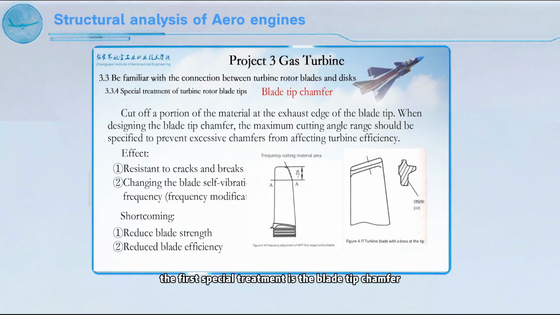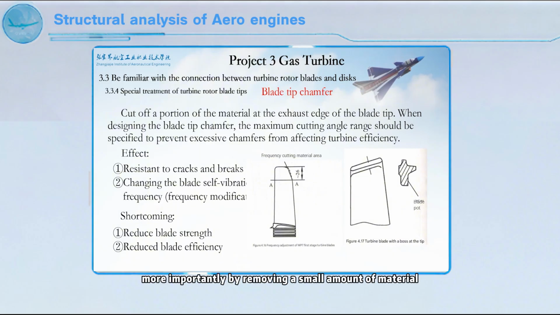The first special treatment is the blade tip chamfer, which involves removing a portion of material from the exhaust edge of the blade tip. However, when designing the blade tip chamfer, a maximum chamfer range must be specified to prevent excessive chamfers from affecting turbine efficiency. The purpose of the blade tip angle is to prevent cracks and breakage at the blade tip.